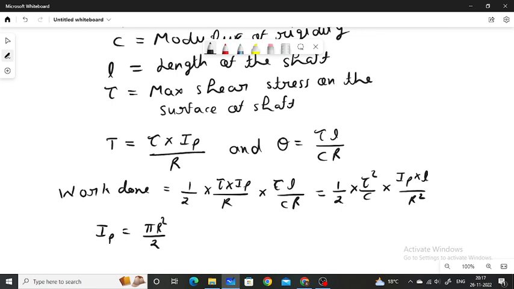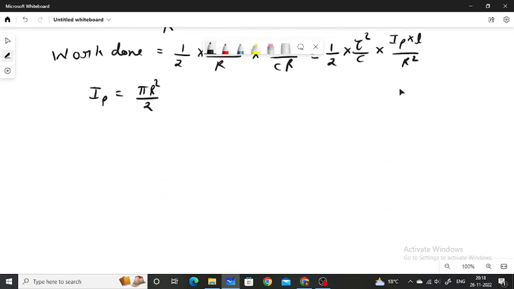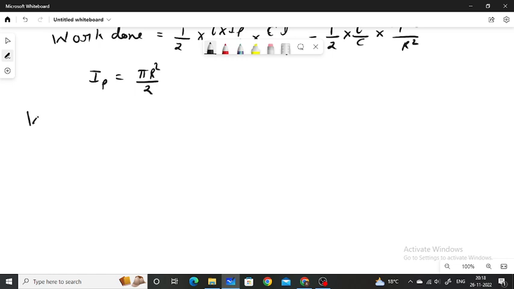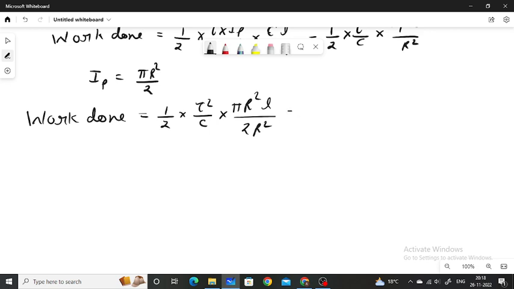Now putting this value in the above equation, then work done is equal to, okay, this will be the work done.